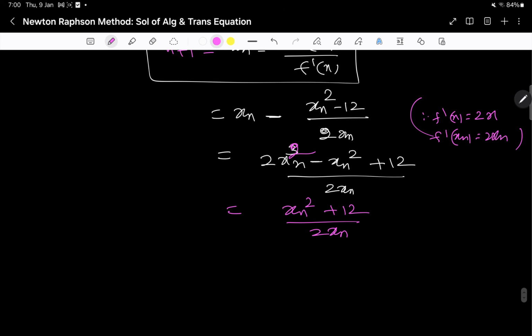So I will keep in the memory xn square plus 12 divided by 2xn.